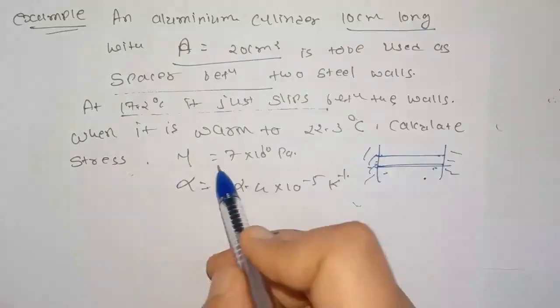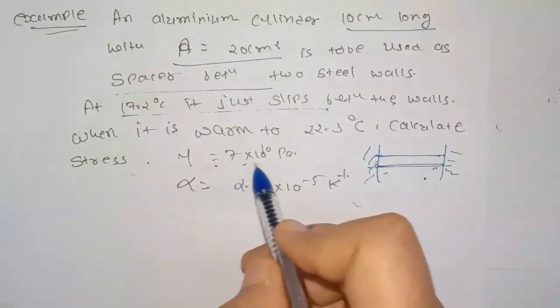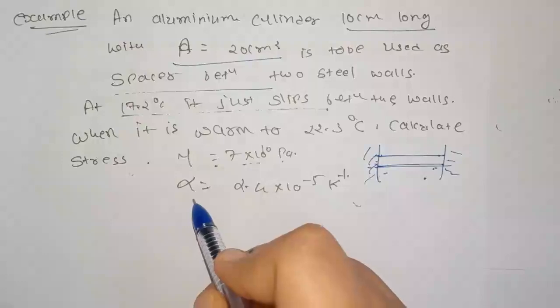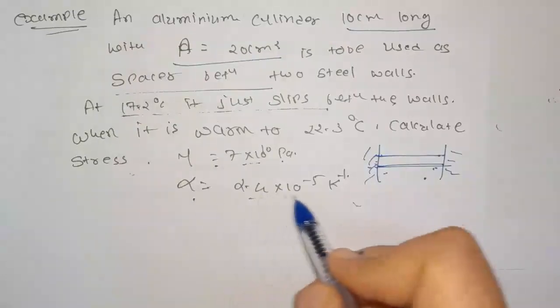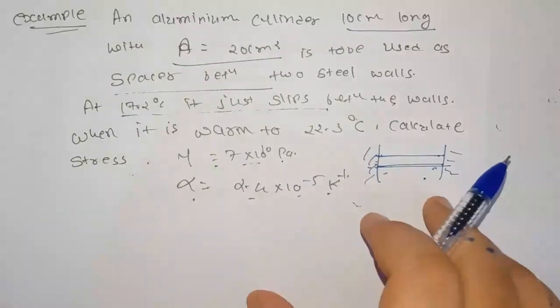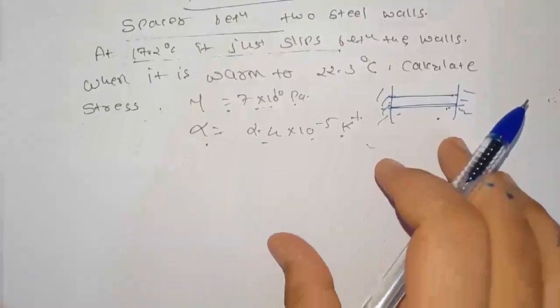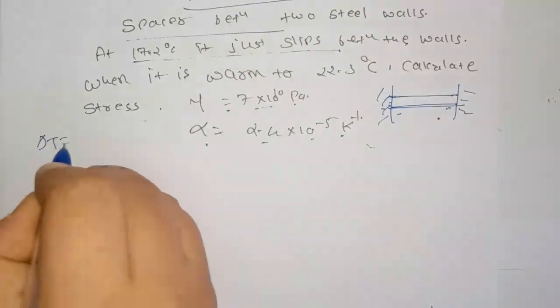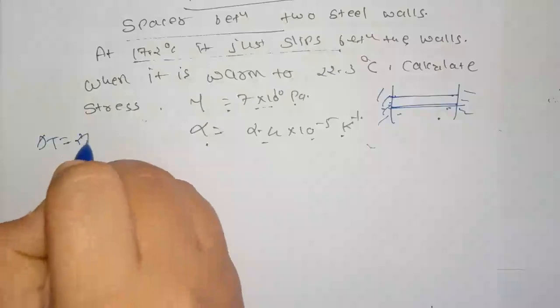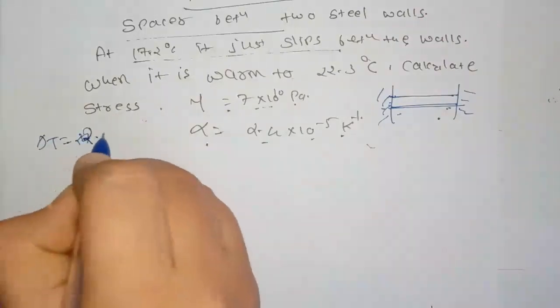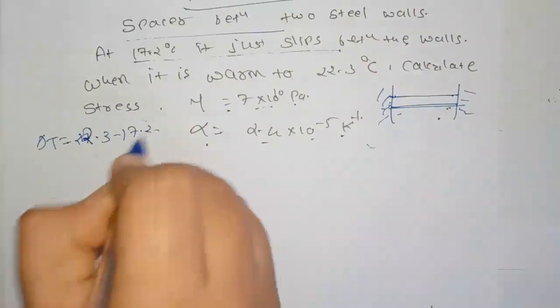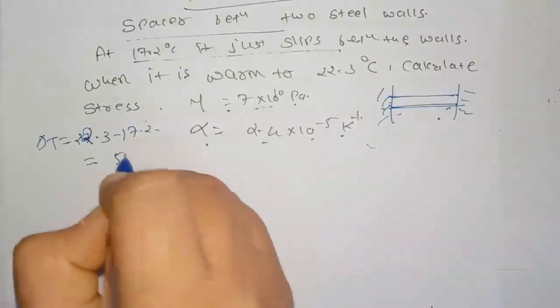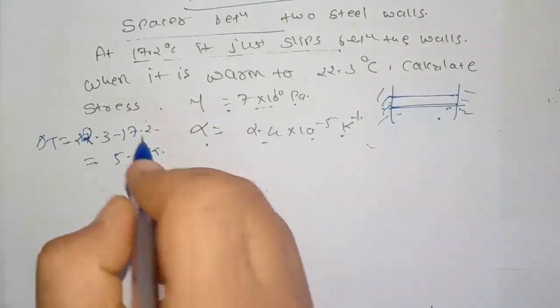Given Y for aluminum 7 into 10 power 10 Pascal and alpha for aluminum 2.4 into 10 power minus 5 Kelvin inverse. The delta T will be 22.3 minus 17.2. That will be equal to 5.1 Kelvin.